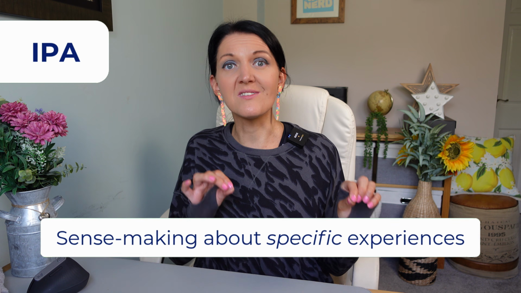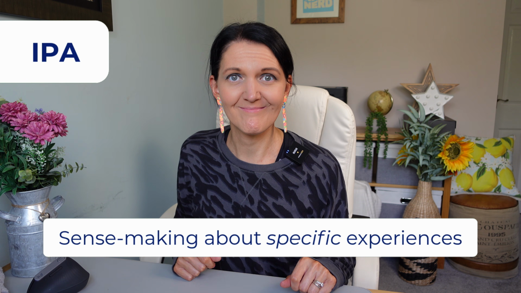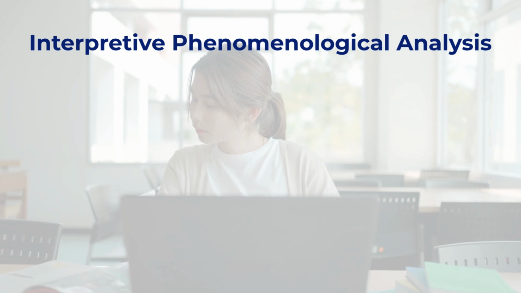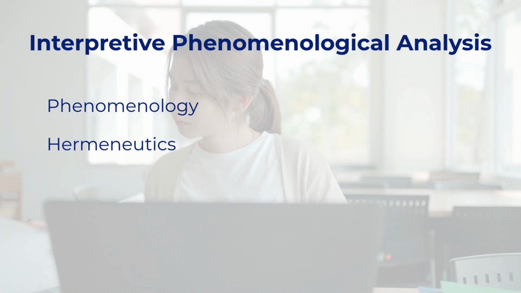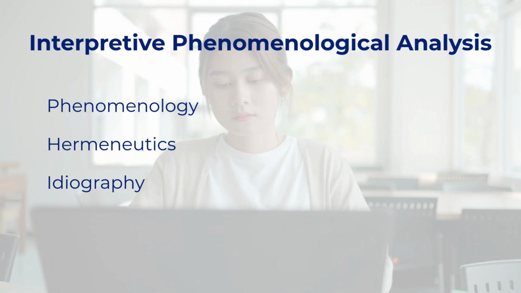On the other hand, Interpretative Phenomenological Analysis, or IPA, is all about understanding how people make sense of specific experiences in their lives. It's rooted in phenomenology, the study of lived experience, hermeneutics, interpretation, and idiography, focusing deeply on the individual. You're not summarising people's experiences.